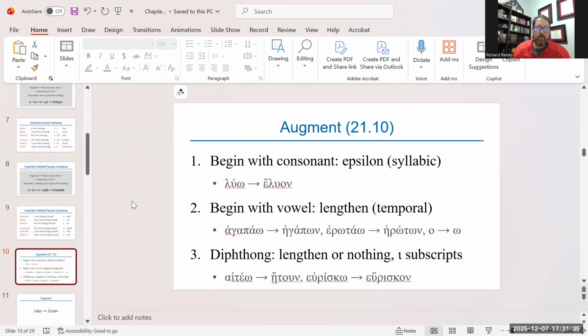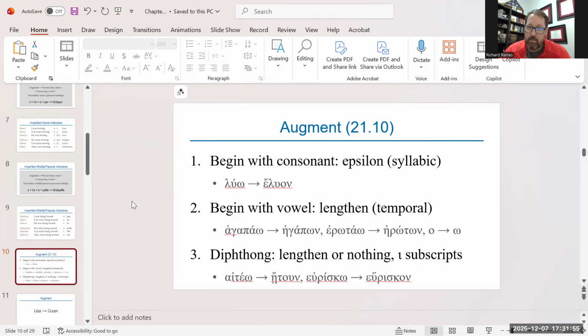And then if the verb begins with a diphthong, you're either going to lengthen it or it's going to add in an iota subscript. Again, these rules are in section 21.10.